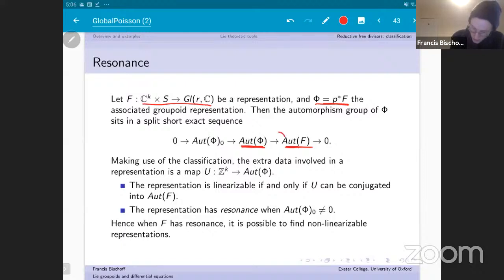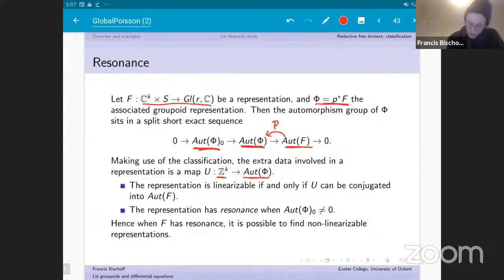This has a splitting, which I'll call P. And the kernel here is a unipotent group. Now, making use of the classification that I just explained, the extra data that you need to specify a groupoid representation or a differential equation is the data of a homomorphism from Z to the K to the automorphism group with a unipotent image.